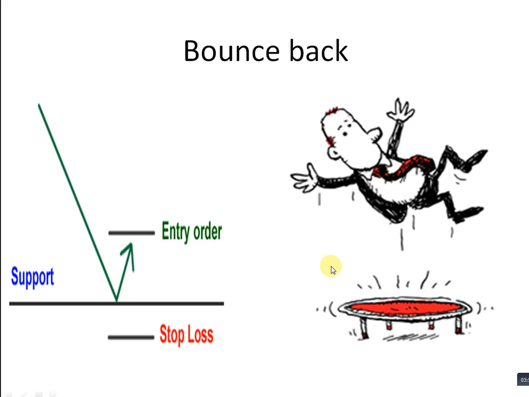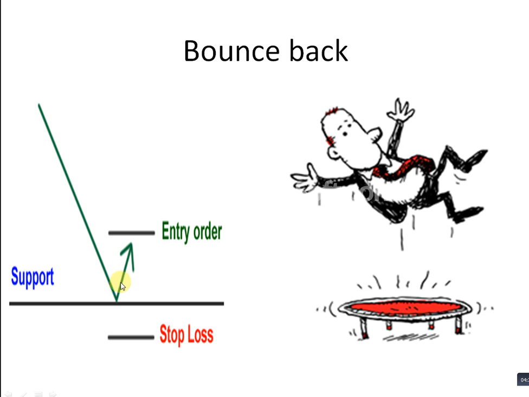We have what we call a bounce back. Bounce back is when a trend, let's say for example, is going down. It reaches a certain point where it turns, or changes its direction to start moving upwards. That behavior is called bounce back behavior. It might not necessarily mean that the trend is now going up forever.